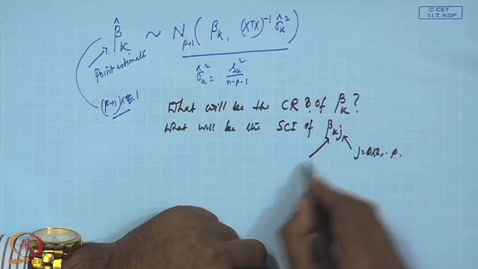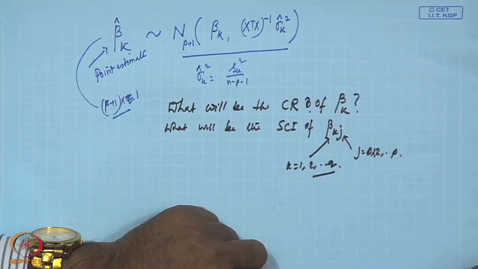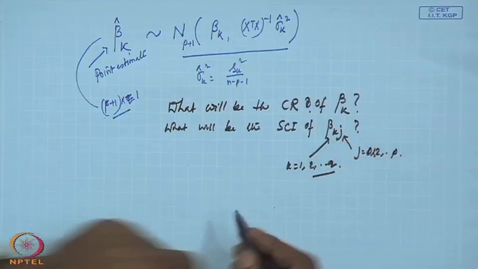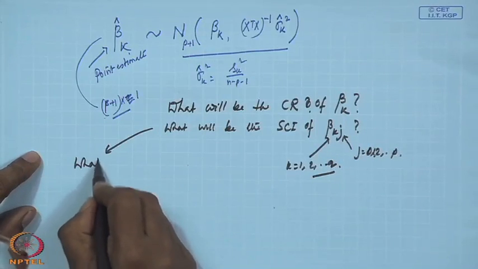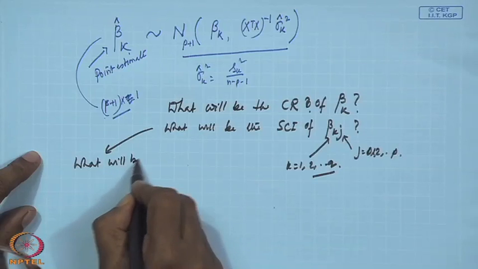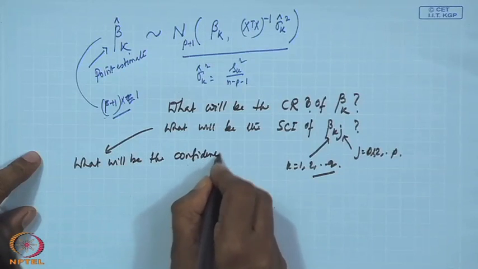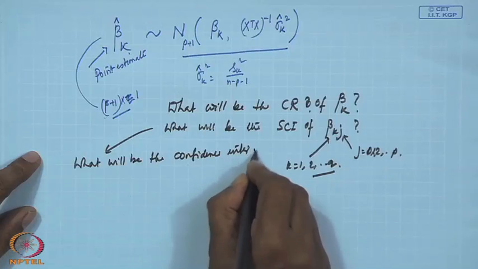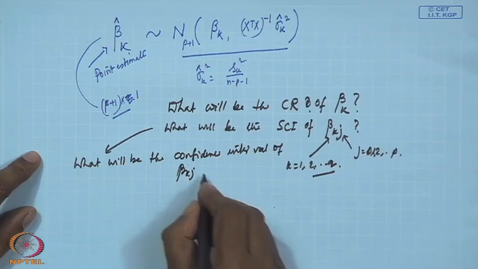K stands from 1 to q. Then what will be the confidence interval of beta_kj?